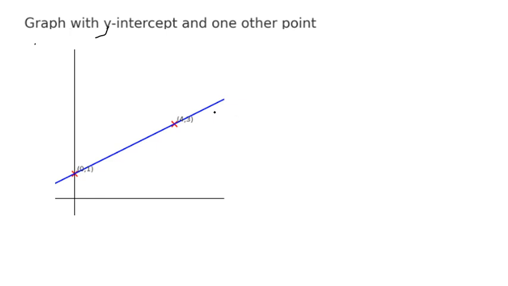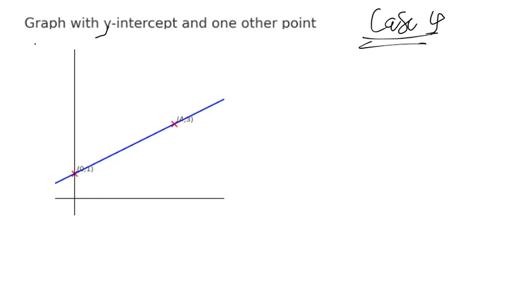I guess we know previously that whenever you have 2 points, we can always find our gradient or equation of a straight line. We know that.